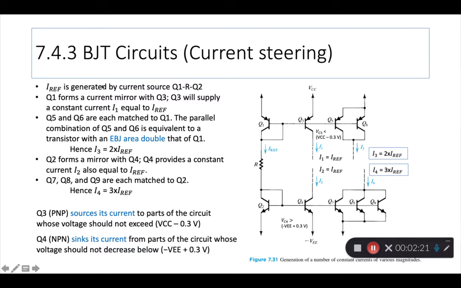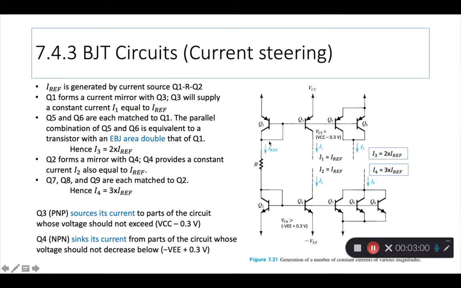First of all, I reference is generated by this combination of Q1, Q2, and R. So that's step one. Once you have I reference, then you create the first of your output currents, and if you have the patience, you can create many more output currents. Next step is Q1 forms a current mirror with Q3. Q1 and Q3 are connected as a regular current mirror, as we have already seen. That will create a constant current I1.